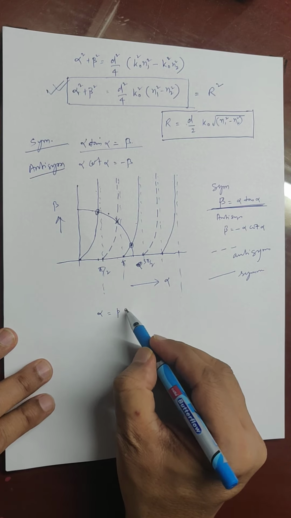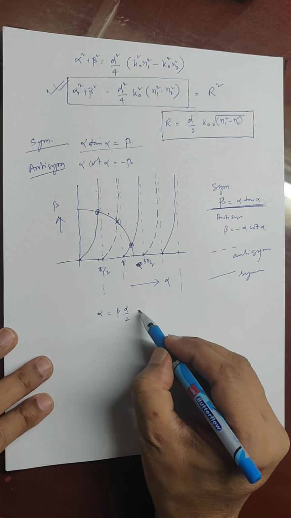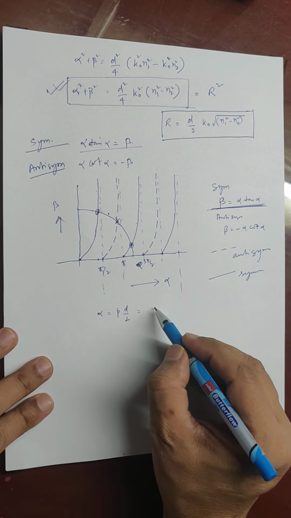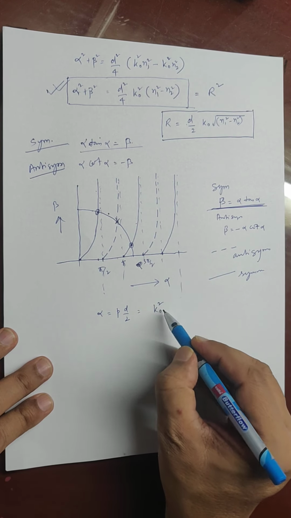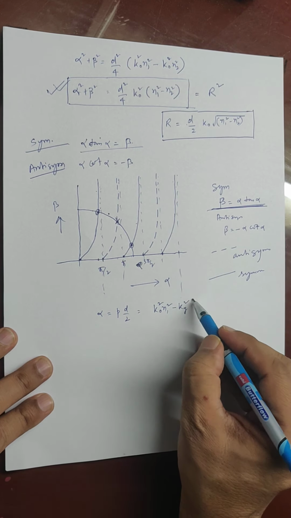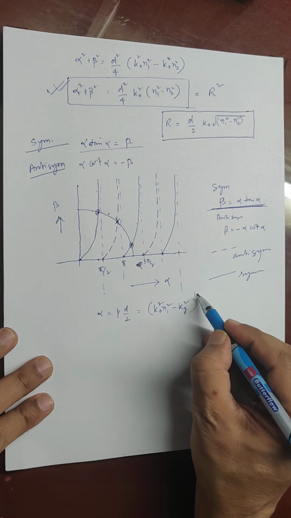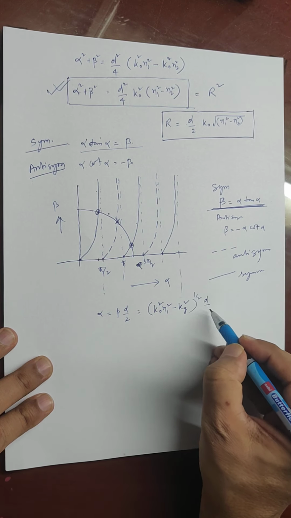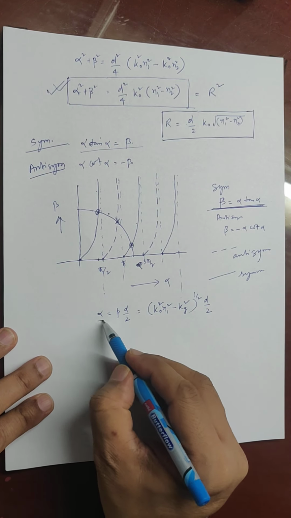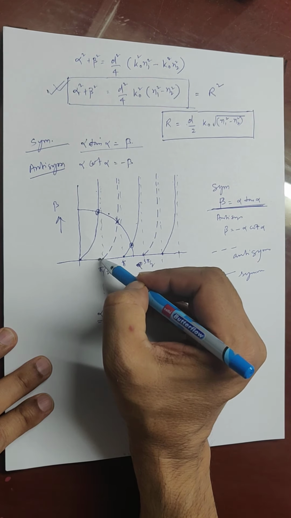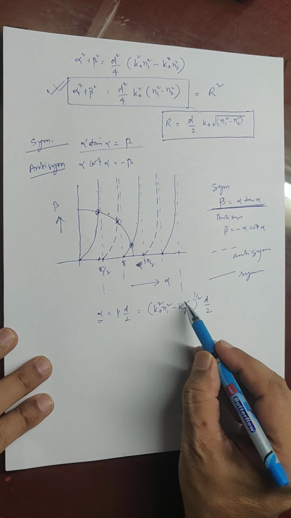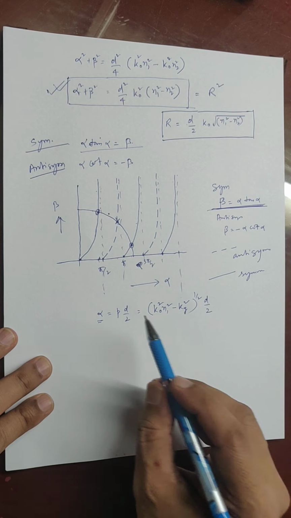And you must remember what alpha is. Alpha is P d by 2, and P is nothing but the square root of k naught square n1 square minus kg square, times d by 2. So you can see that a value of alpha that would correspond to, let us say, this solution, would actually give you a value of kg, because all others are constant.